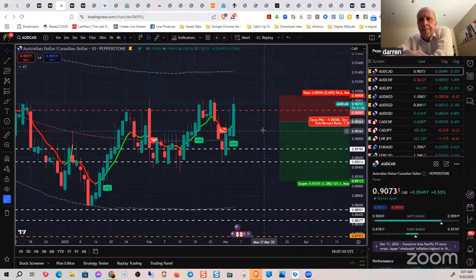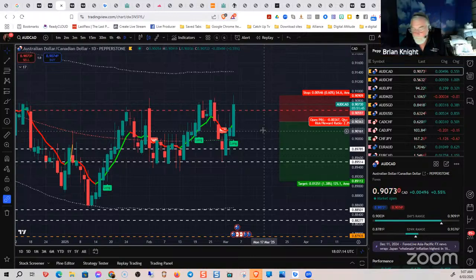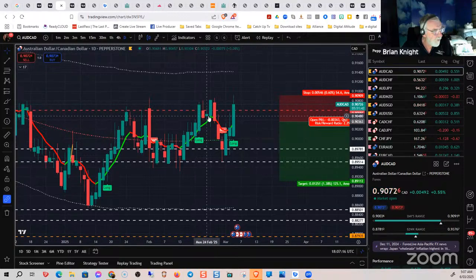I'm looking at this from a trend bar perspective. It came to the 3/4, it sold, the trend bar changed, and you got into the trade.